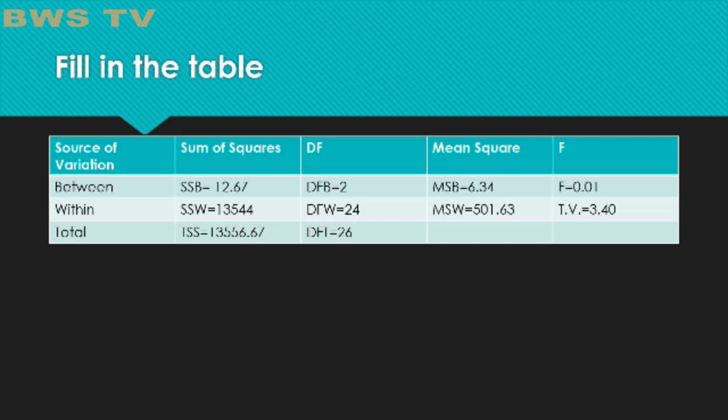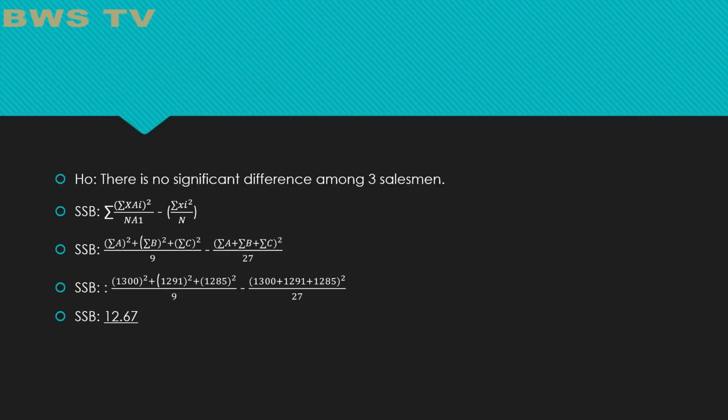Mean square: MSB equals 6.34, MSW equals 501.63, F equals 0.01, TV equals 3.40. H0: there is no significant difference among three salesmen.